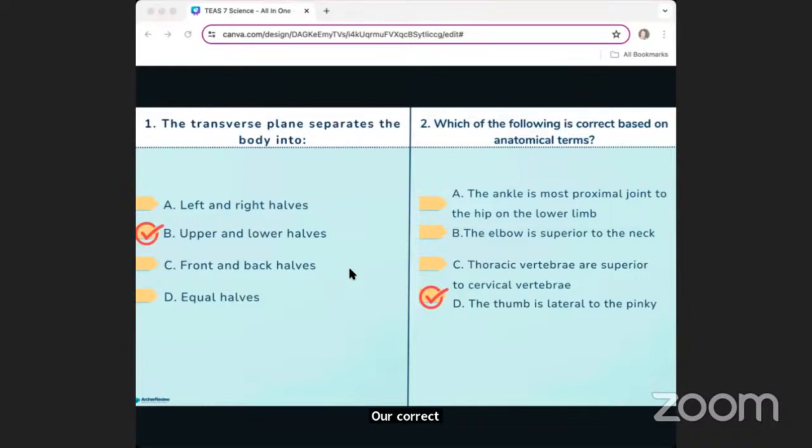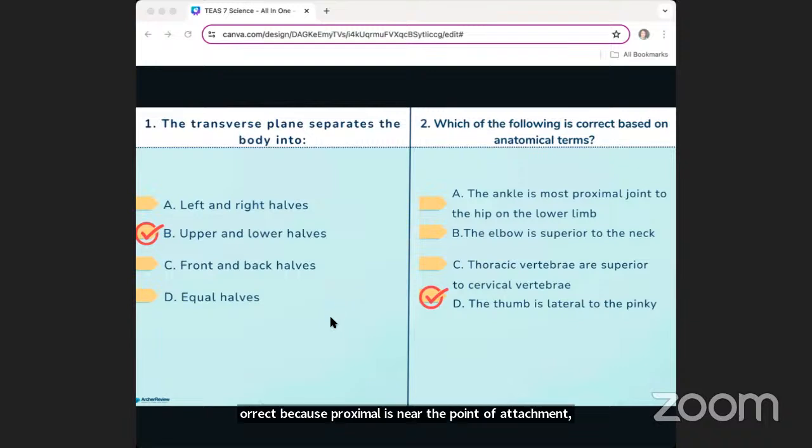Remember, lateral is the outermost portion, the opposite of medial, toward the midline. Option A is incorrect because proximal is near the point of attachment, and so the knee would be the most proximal joint to the hip, not the ankle. That would be distal.